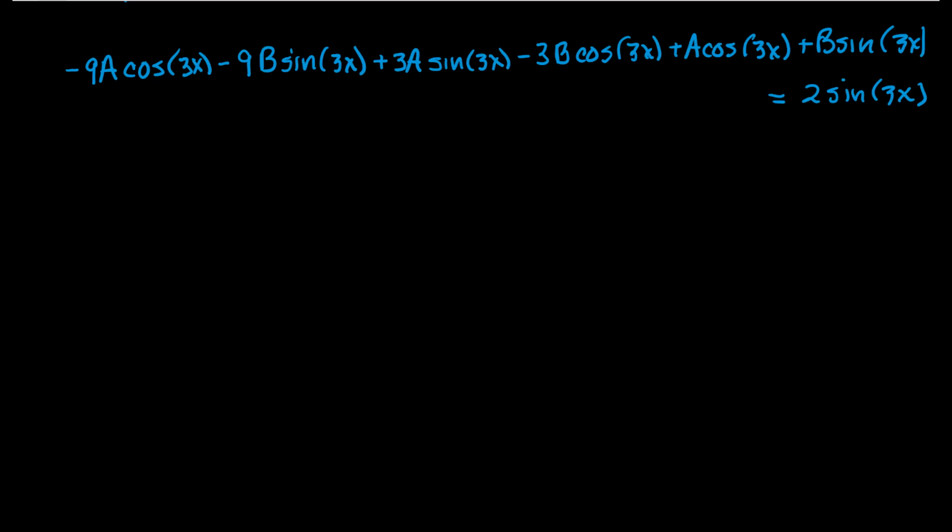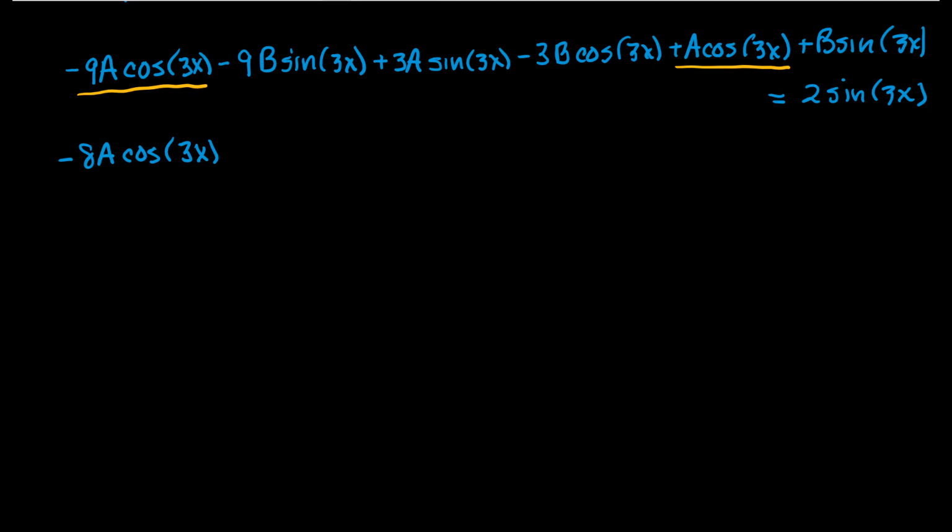All right, so first off, I have this minus 9a cosine. And I'm looking for a times cosine. Here's an a times cosine. Don't see any other a times cosines in there. So I'm going to combine those two, and I have a minus 9a plus a. So we have a minus 8a cosine of 3x.